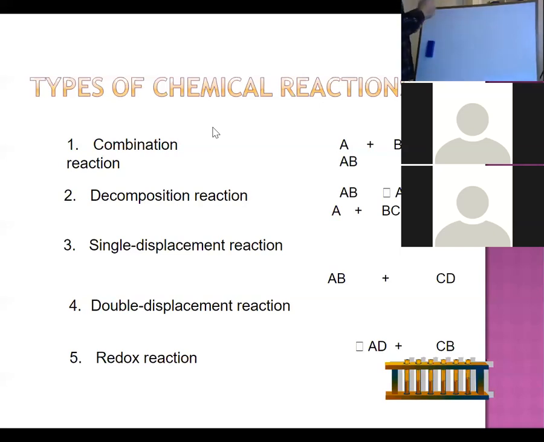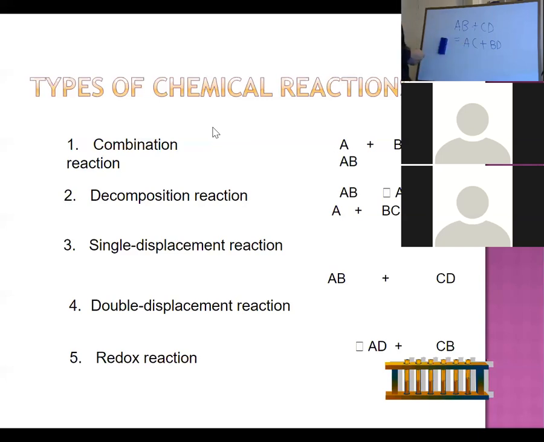So single displacement, AB plus CD equals, so you're displacing one of those.